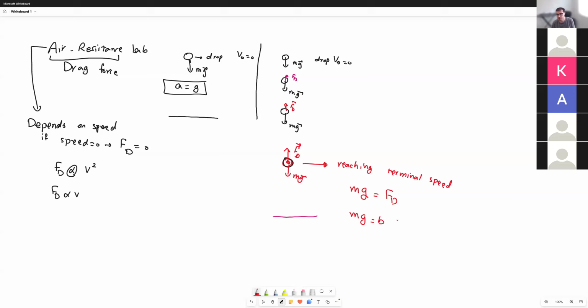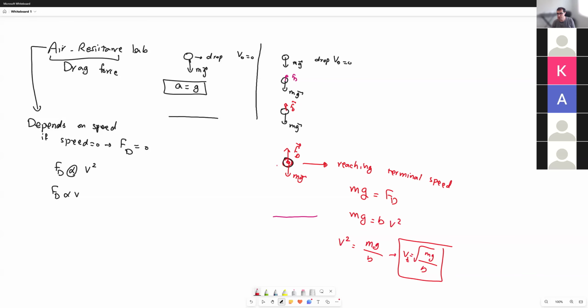mg equals b times v squared. And this v squared is going to be equal to mg over b, and v would be equal to the square root of mg over b. That's the terminal speed. We denote it by v_T. What's the significance of terminal speed?